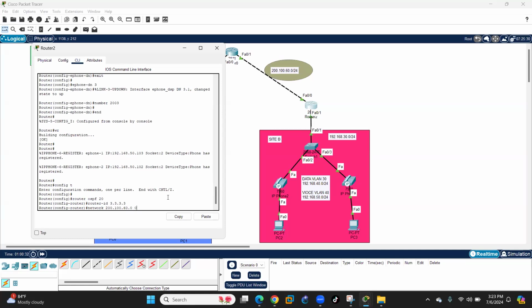You can give them any ID, but they must be different. If I give router ID 1.1.1.1 with OSPF 20, then change this one to 10, it will work. Try it. I don't want to change it now.